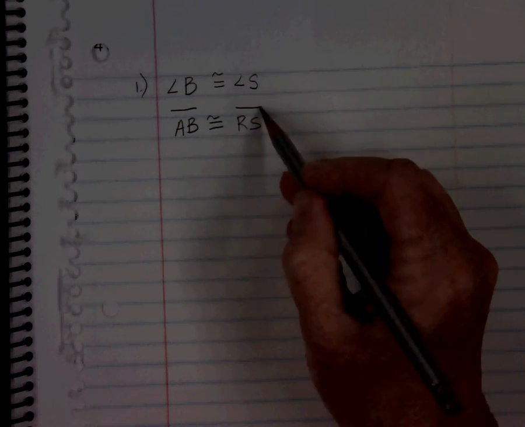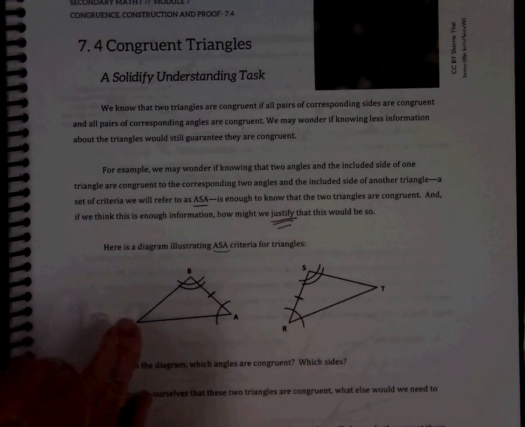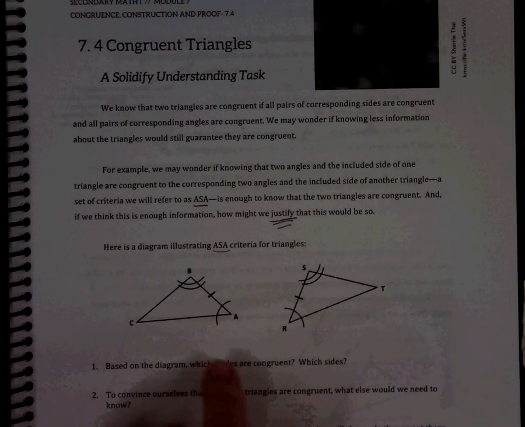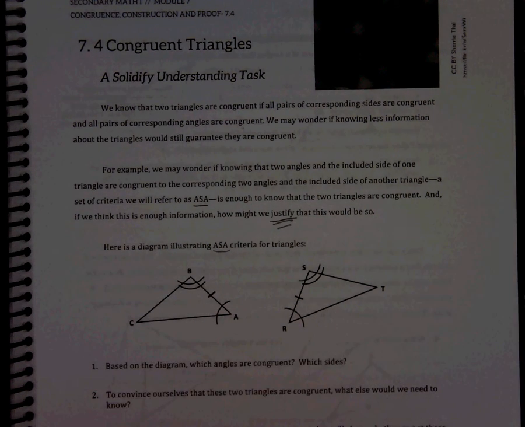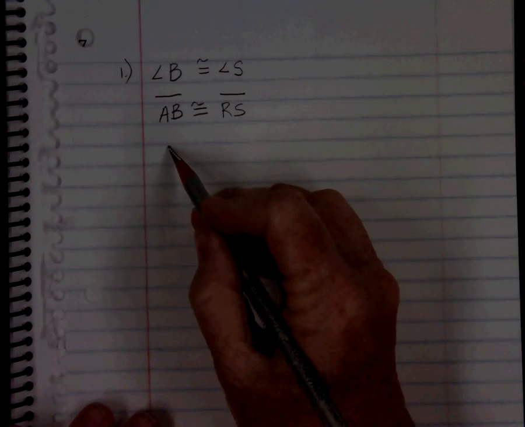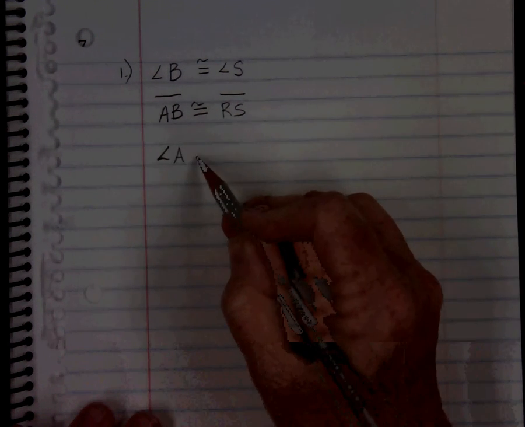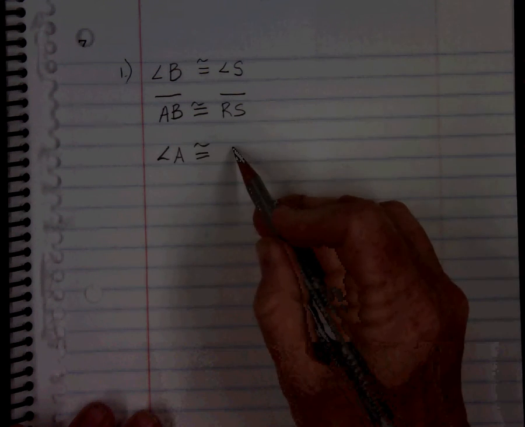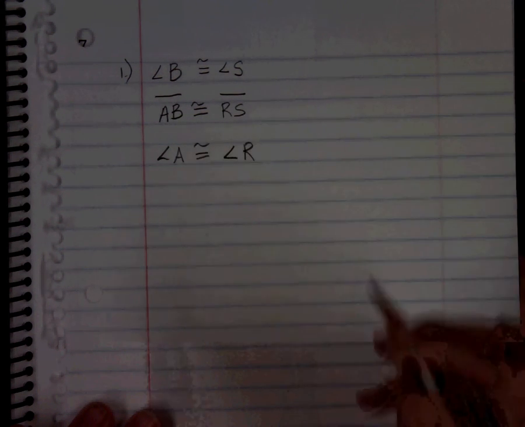Let's check that. AB is congruent to RS, and then angle A is congruent to angle R.